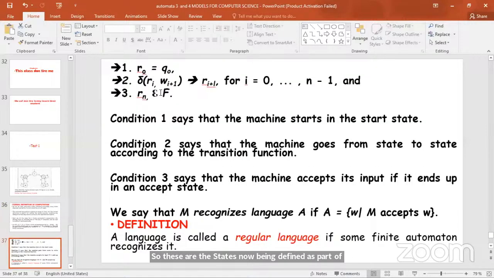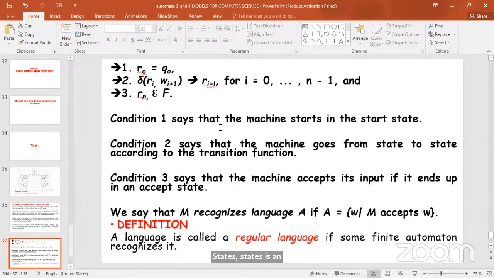The first one is that r0 equals q0, which is the initial state. Then a transition function states that when you are at ri and you receive any of the inputs in w, it moves to a state r(i+1), for i equals 0 to n minus 1. And 3, rn is an element of F, the accept state.